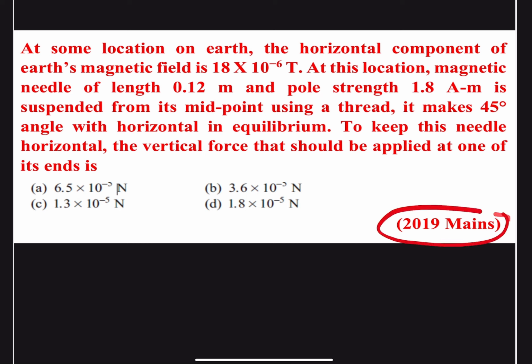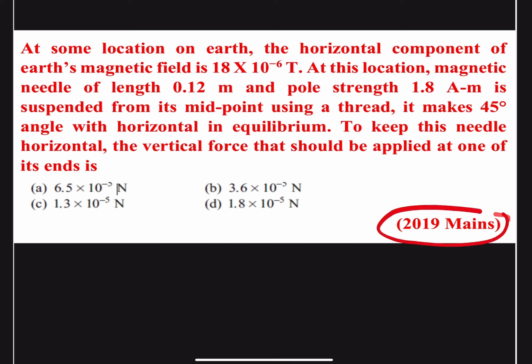We know the torque due to the magnetic field, tau is equal to mbl sine of theta, and at equilibrium net torque should be equal to 0. So we have to keep in mind.